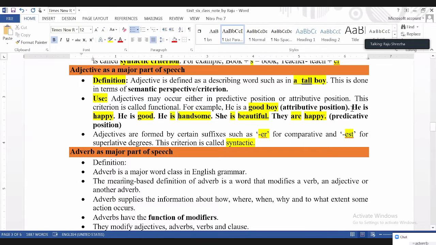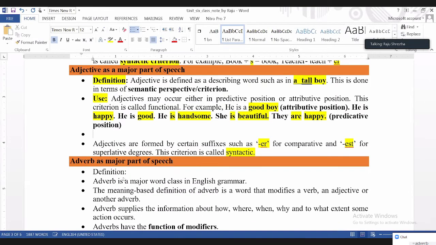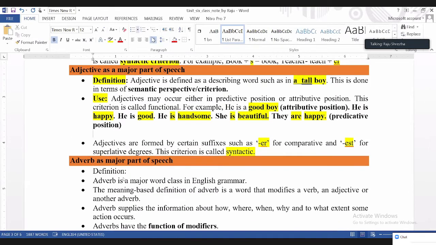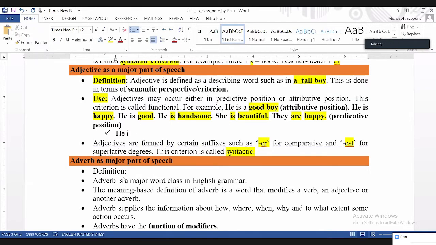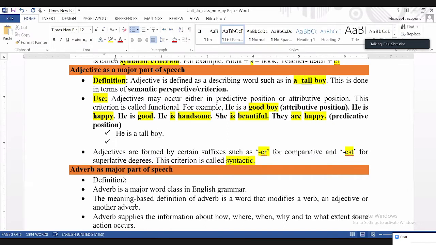Then another one is what, before the noun. He is a tall boy हैन, जस्तै मानौं. Simply we can say he is a tall boy, you know. He is a tall boy.